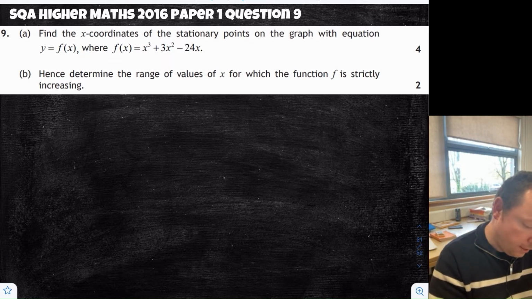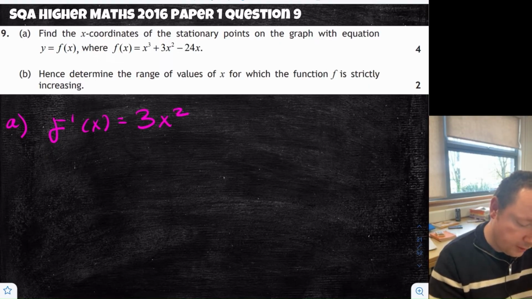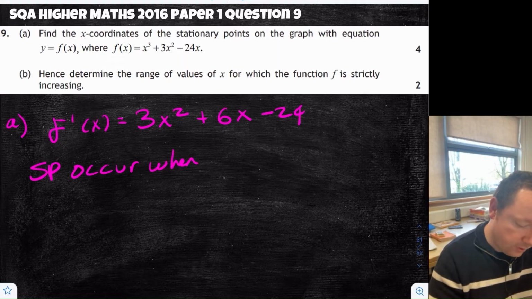Okay, so part A, f dash x: 3x squared, 2 3s is 6, so plus 6x minus 24. So stationary points occur when f dash x equals 0. I would always like that statement and then just make it equal to 0.